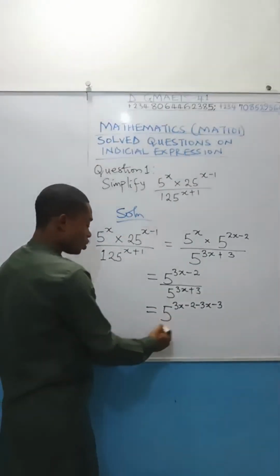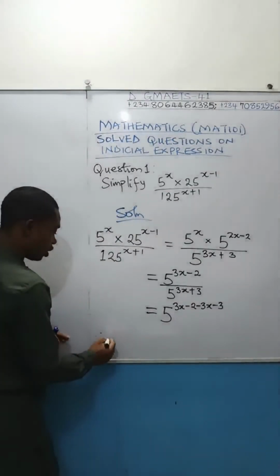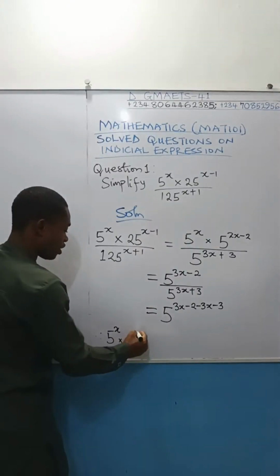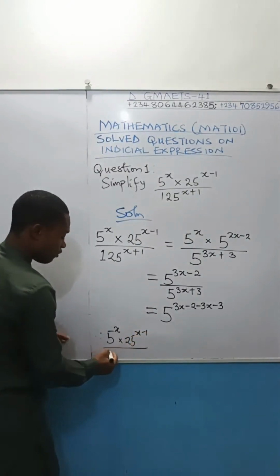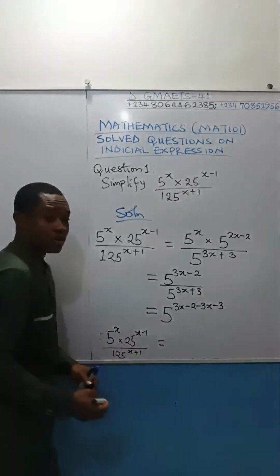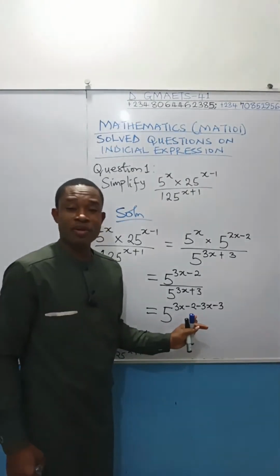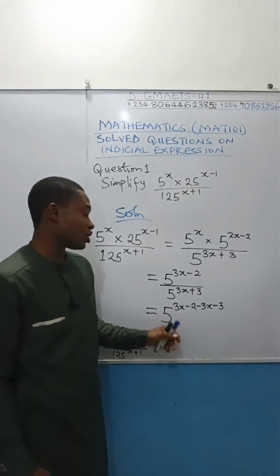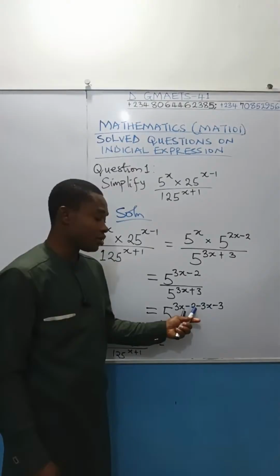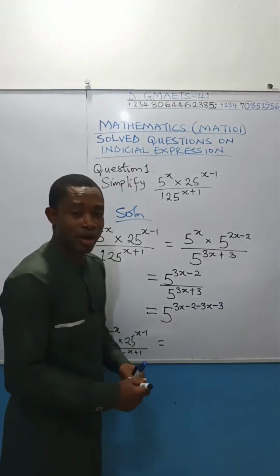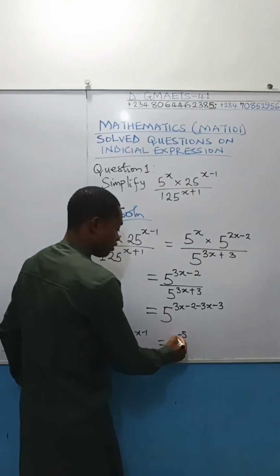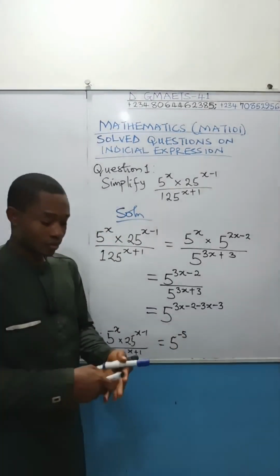So that all this, we can conclude, 5 to the power of x times 25 to the power of x minus 1 all over 125 to the power of x plus 1, if you simplify this, you find out what you are going to get. 3x minus 3x is 0, it goes off. Minus 2 minus 3 will give you minus 5. So this is 5 raised to the power of minus 5. This is the answer.